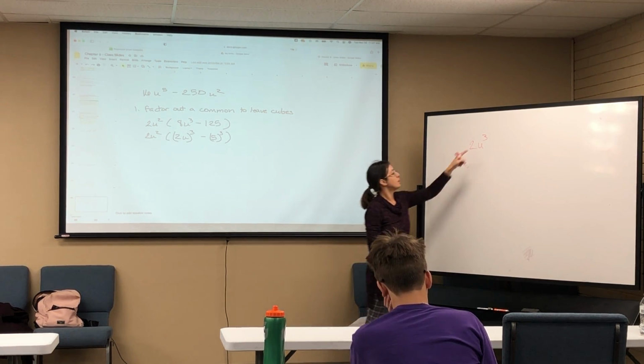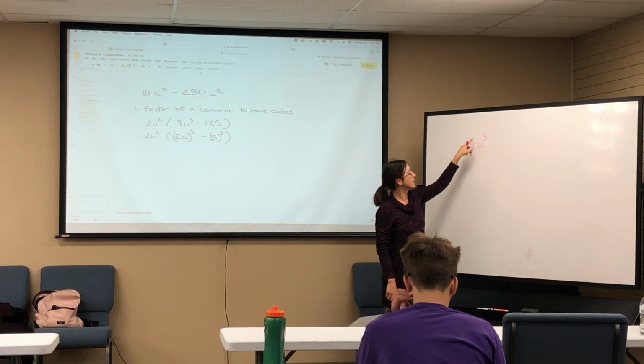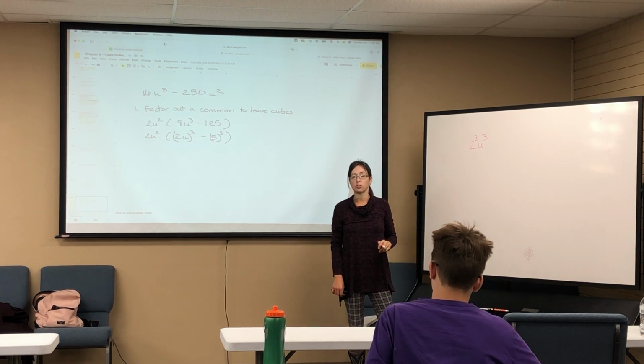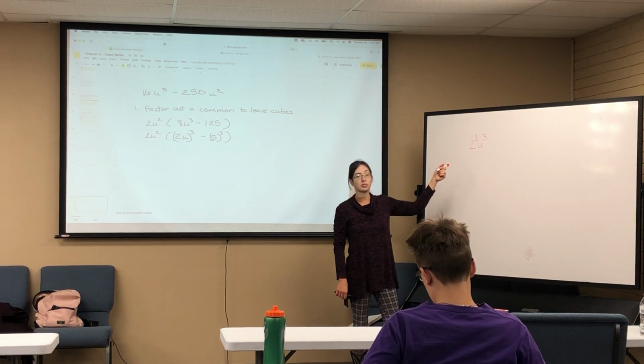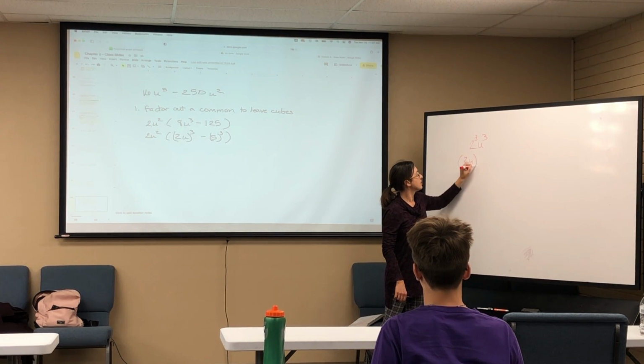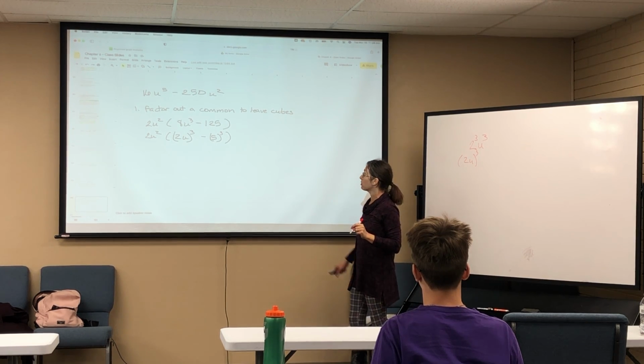No, because the exponent is only for the u at this place. So I wanted the 2 to also be cubed. I could write it like that, 2 cubed times u cubed. That's really kind of messy. So we use our parentheses so that we know we are actually distributing that exponent to both of the terms.